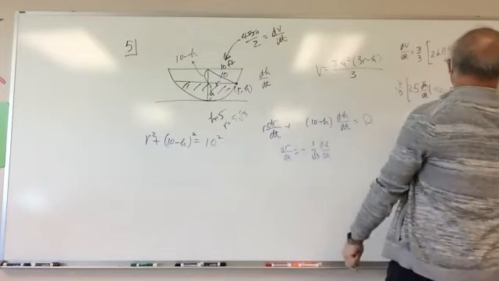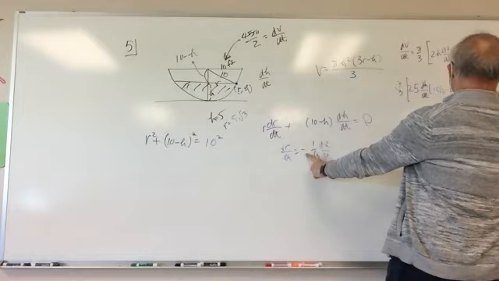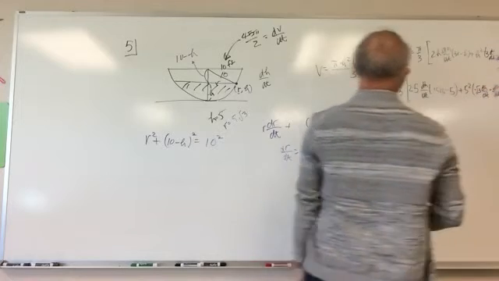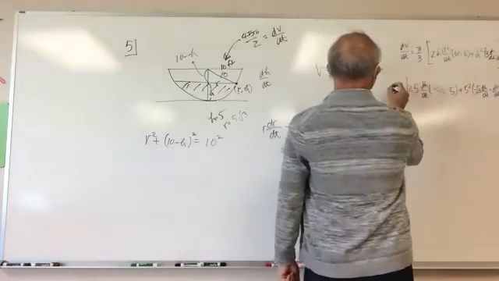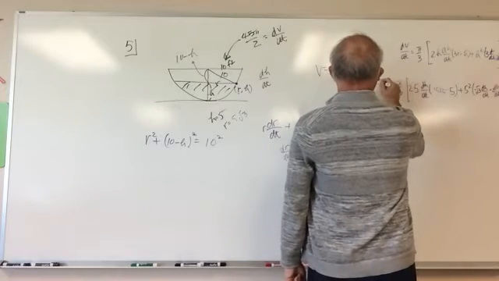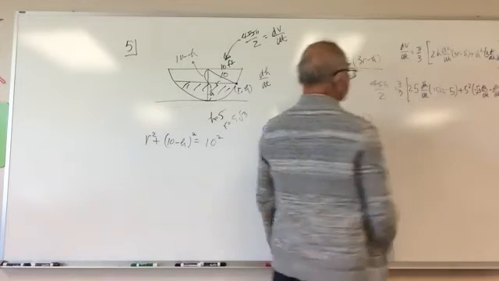And multiply by 3, so I'm going to get minus root 3 dH/dt minus dH/dt. And I know this guy is what? 45 pi over 2.